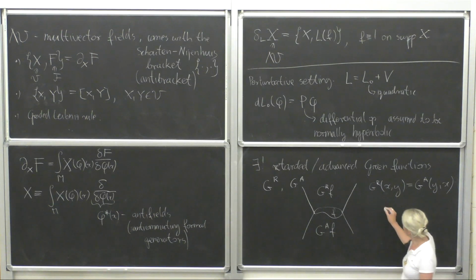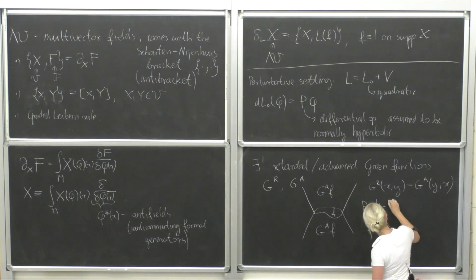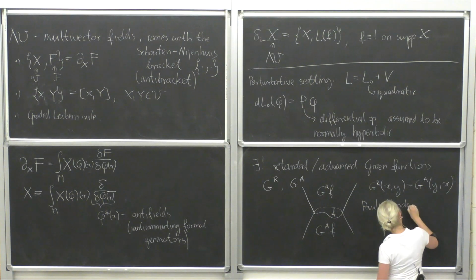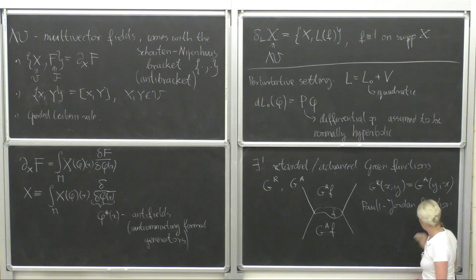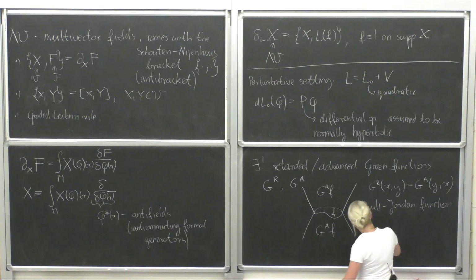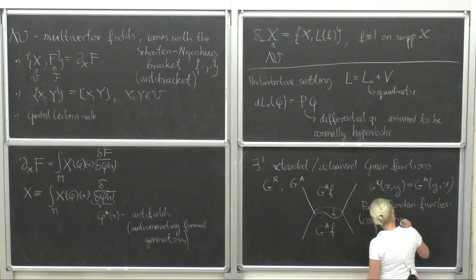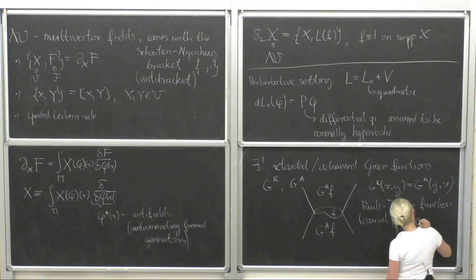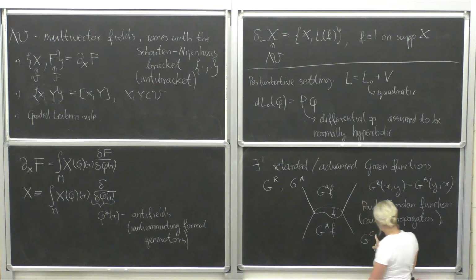And now I define something called the Pauli-Jordan function. Or also in my community called causal propagator. Okay, so that's why I call it GC.